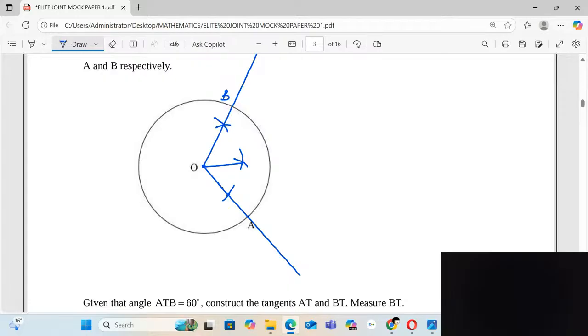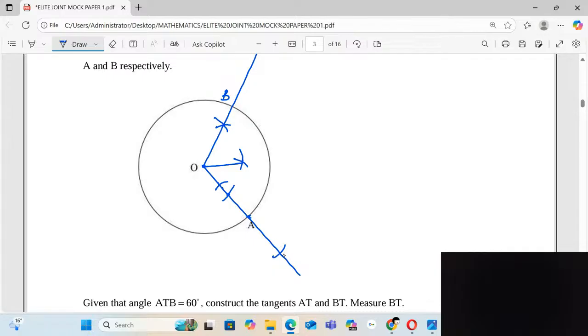Now we want to look for point T. Being at point A, you can extend your compass so that you make a mark of any radius on line OA, which is extended. You can make an arc there and another one on the other side using the same radius.